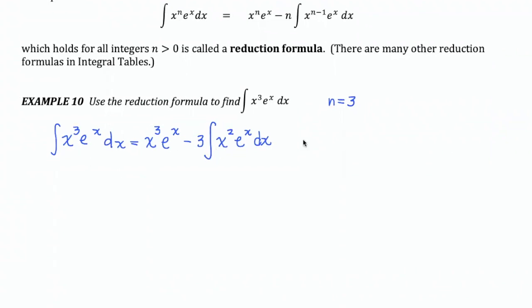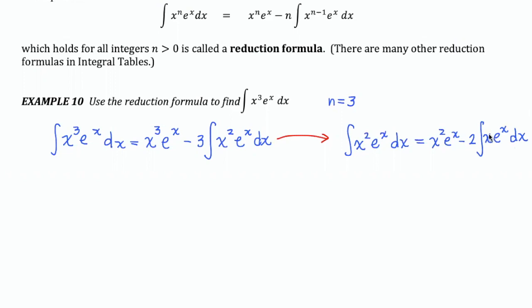I can use the reduction formula to evaluate the new integral. So again, I'm going to go off to the side here. I'm just going to take the integral of x squared e to the x dx. I'm going to use the formula, which gets me to here. Now I have x to the first power. And actually, if I do one more reduction, I'm going to be able to get that x out of there entirely.